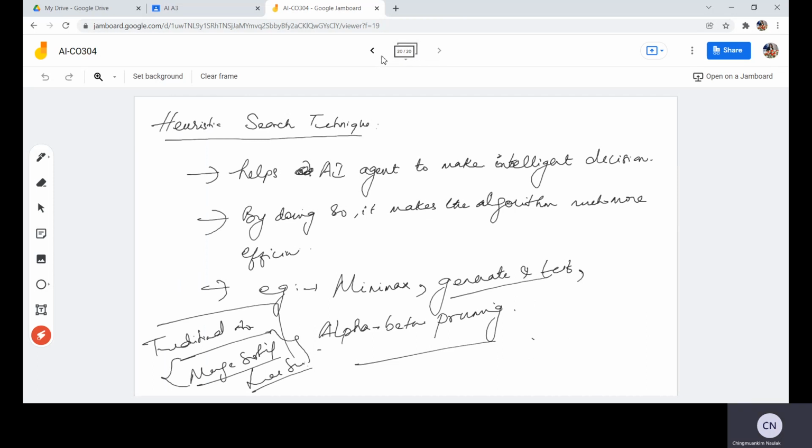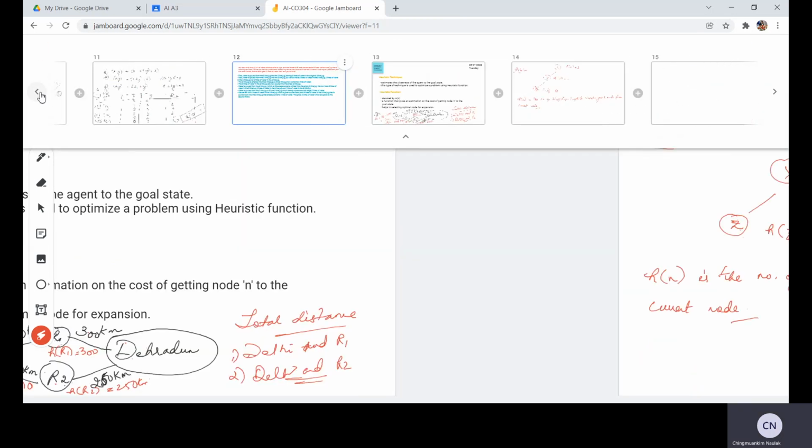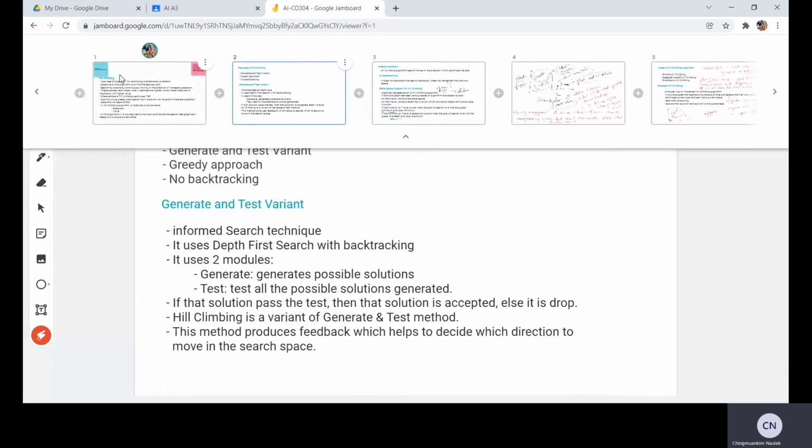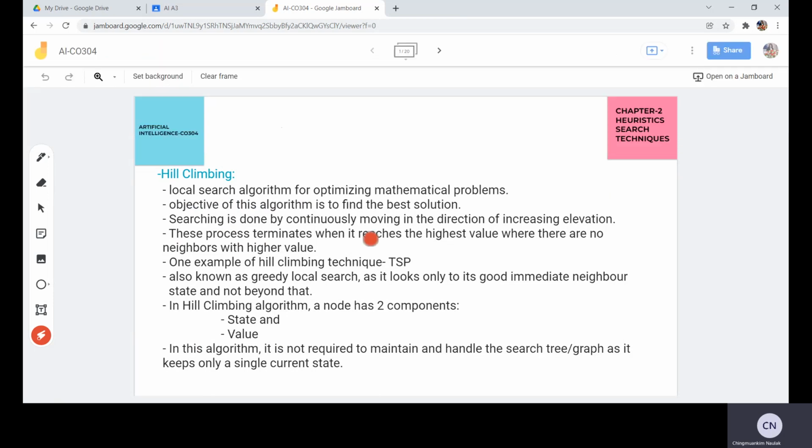Today we're going to look at the hill climbing technique. Okay, so this is what we are going to do today.